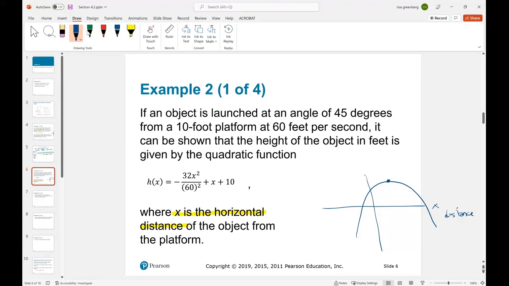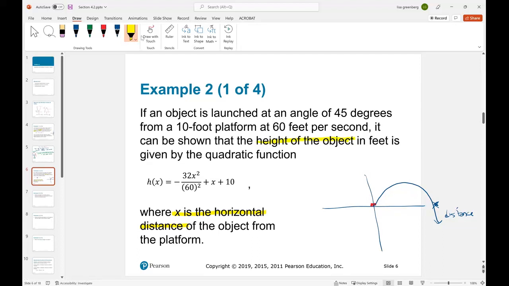Because let's say the platform is right here and we're launching an object, okay? If we're launching an object from that platform, the graph would look more like this. Obviously it's not going down below the line. Anyway, so these are my x values. And h of t, we were told, is the height.